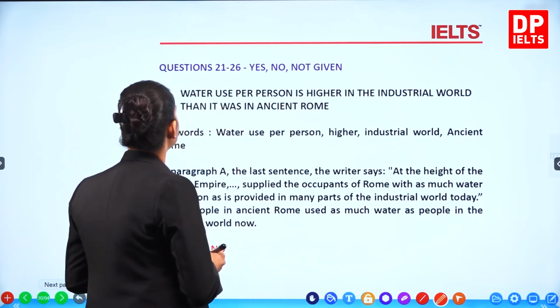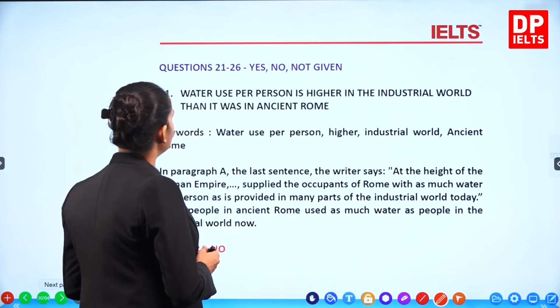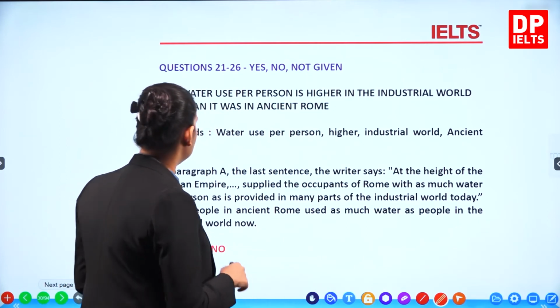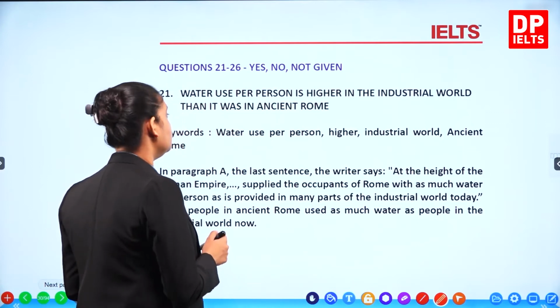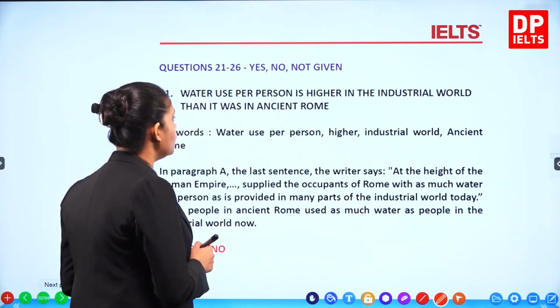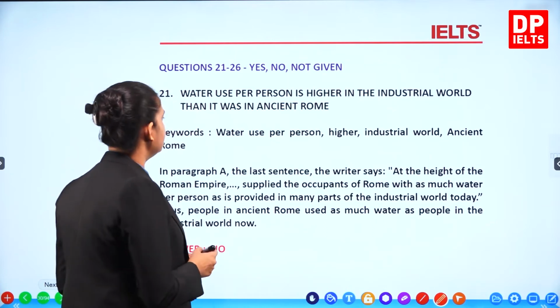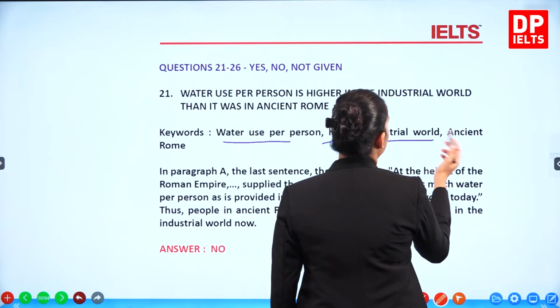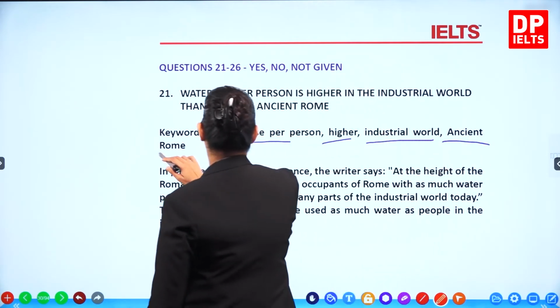Right. So, water use per person is higher in the industrial world than it was in ancient Rome, right? Water use per person, higher, industrial world, ancient Rome.